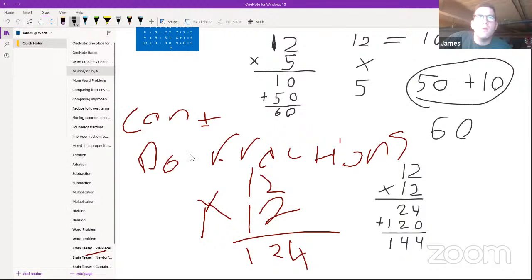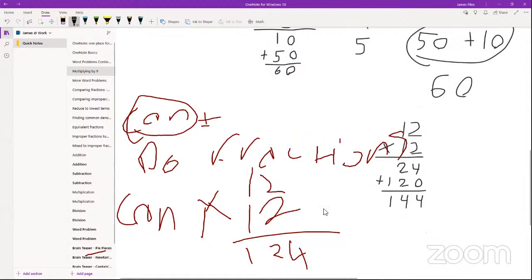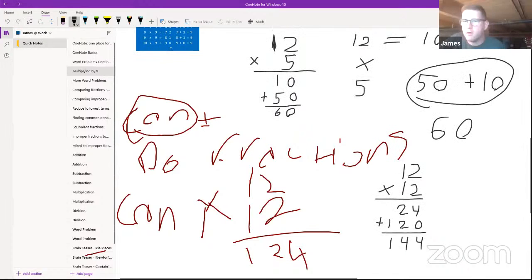I can't read what that says. It says can't do, what does that say? Can't do fractions. Can you unmute yourself and say it? Could I do fractions? Oh, okay. Well, we can just keep doing multiplication for now. Let's see.